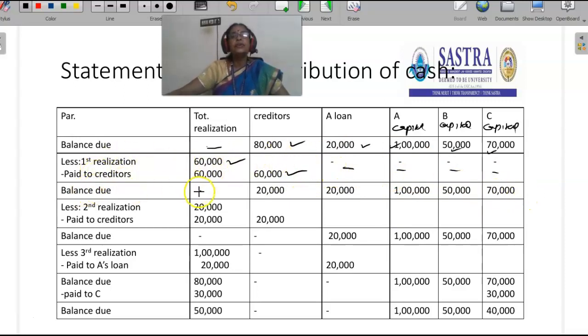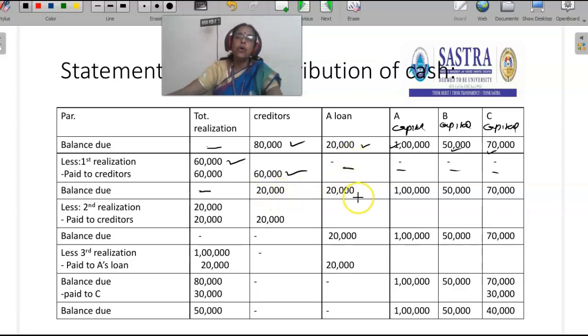So the first realization amount is 60,000. That is used by the firm to settle 60,000 to creditors, and so the balance of realization is nil. Of the creditors' 80,000, 60,000 is paid, so the balance due to creditors is 20,000.